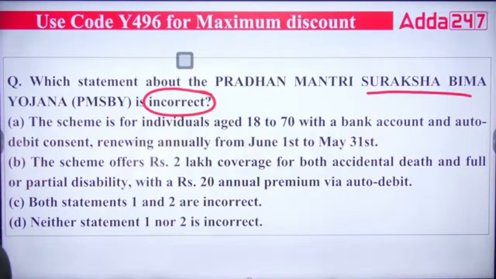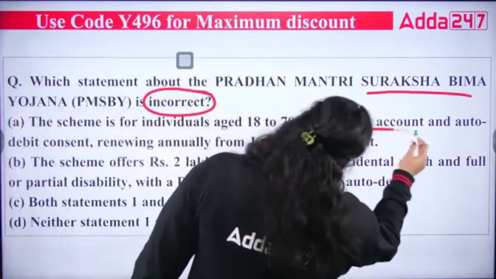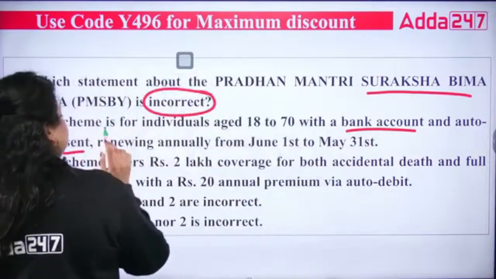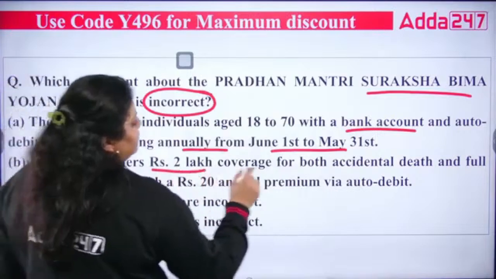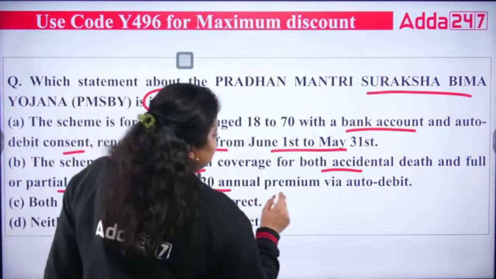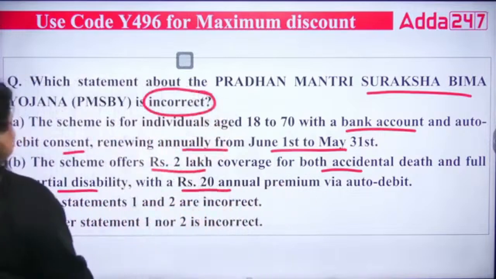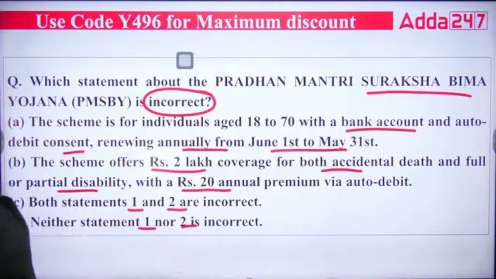The first is saying the scheme is for individuals aged between 18 to 70 years with a bank account and auto debit consent, renewing annually from June 1st to May 31st. The second says the scheme offers 2 lakh coverage for both accidental death and full or partial disability with a 20 rupee annual premium via auto debit. Third is saying both statements 1 and 2 are incorrect. Fourth is saying neither statement 1 nor 2 is incorrect. Now you have to answer about the Pradhan Mantri Suraksha Bima Yojana.